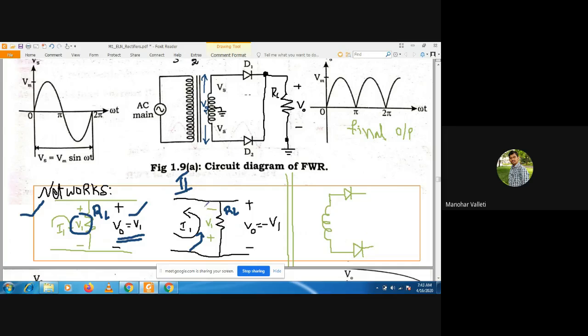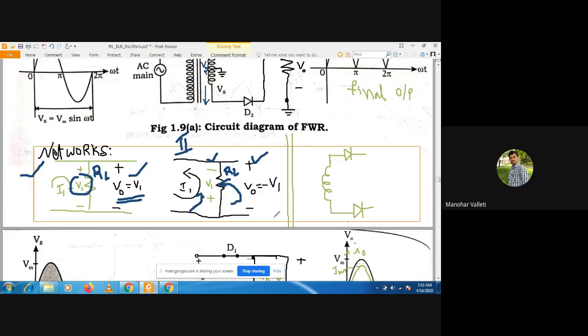So now in this case too, we want to know the output voltage, and you just compare the polarities of V0 and V1. The polarities are reversed, so if you apply KVL in this loop, the second sign for V0 is plus V0, and the second sign for V1 is plus V1, equal to 0.